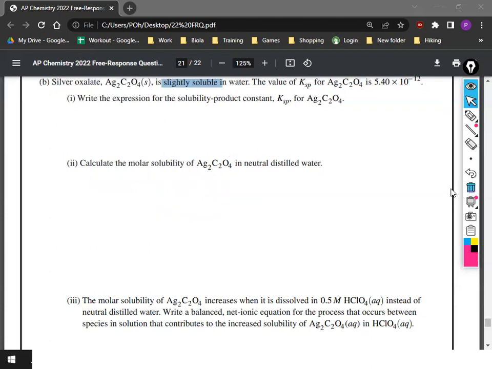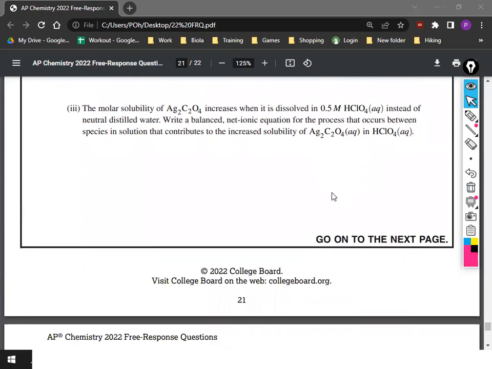Okay, so number 3 is a little bit annoying because there are multiple answers that you can get. So I'm going to explain kind of what's going on, and then I'm just going to put the answer key up, and then I'll have the answer key for this FRQ posted at the end of class as well, okay? It's telling us that the molar solubility of silver oxalate increases when it's dissolved in this solution instead of neutral water.